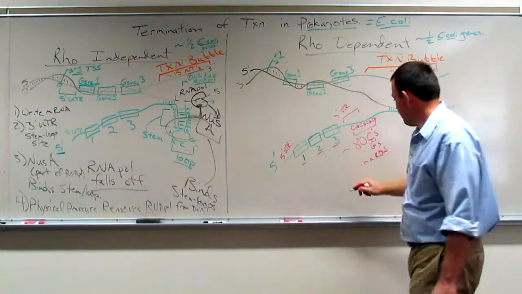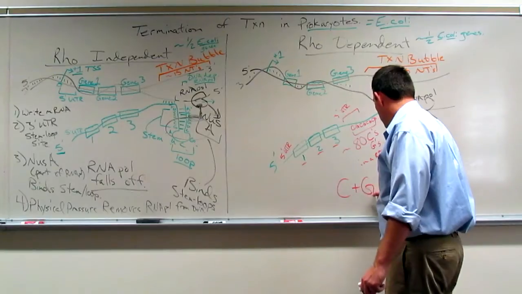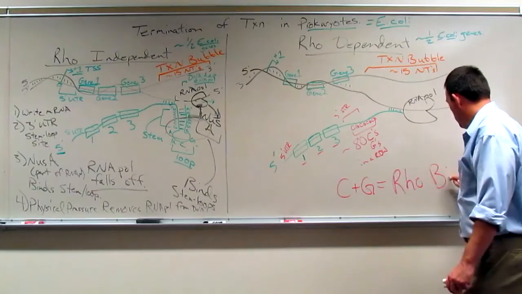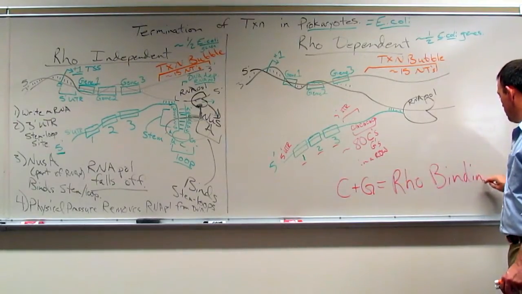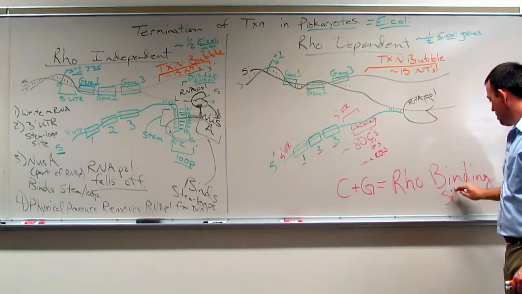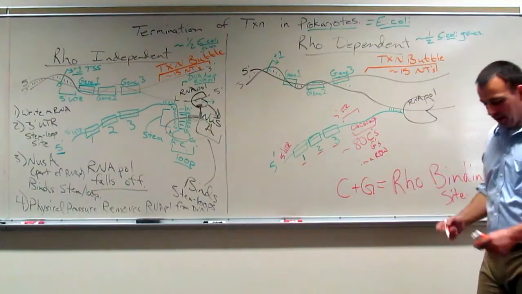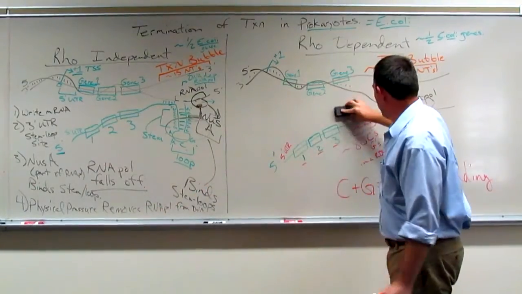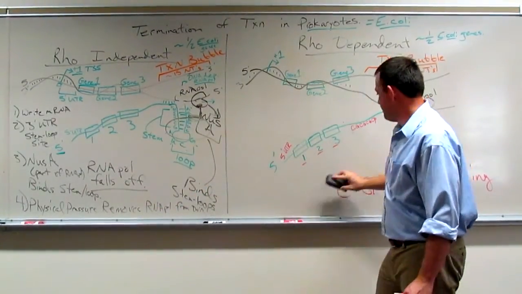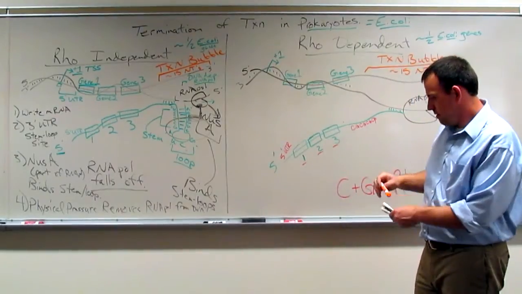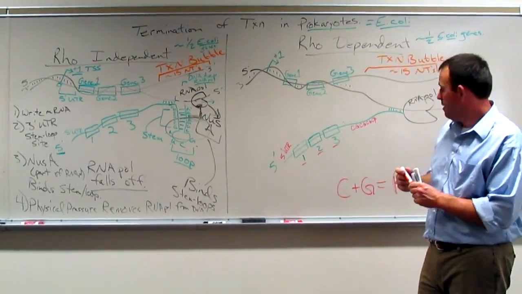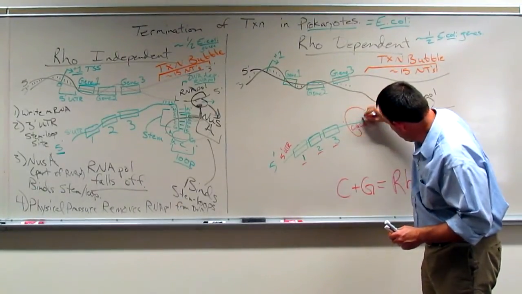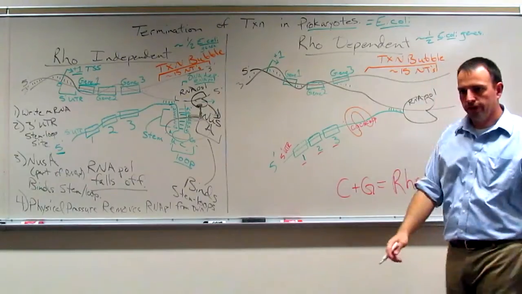C's and G's all together is the Rho binding site. Okay? So, what's Rho look like? Rho binds to these C's and G's, and Rho, it's going to be in orange here, looks like a horseshoe or a toilet seat.